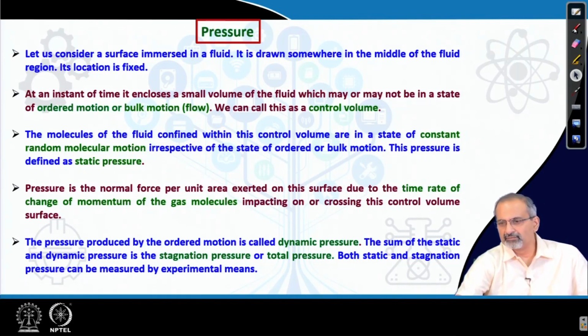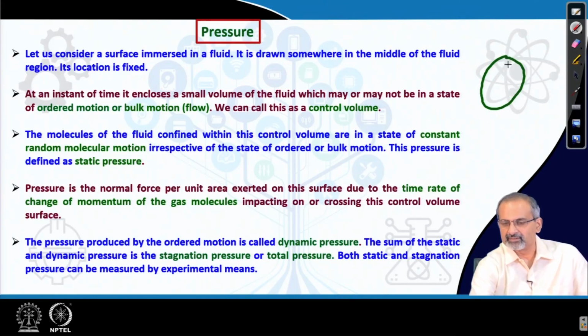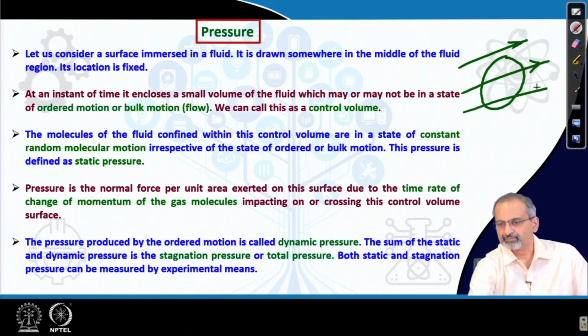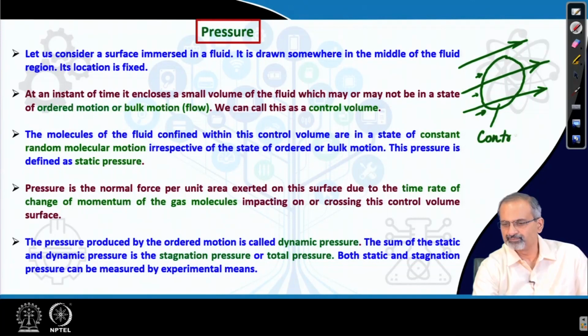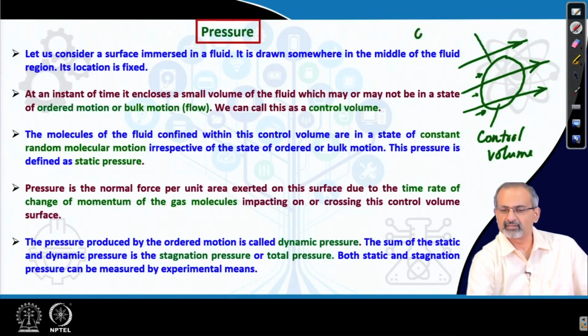If you want to really visualize it, you might say that it looks like a surface like this, and you have fluid flow in the surrounding, and fluid could even move into this small volume that we have defined for ourselves, which we will call the control volume, and the surface that encloses that control volume is nothing but the control surface.